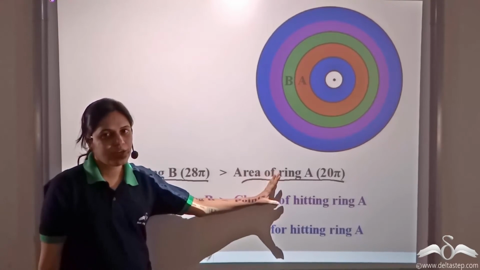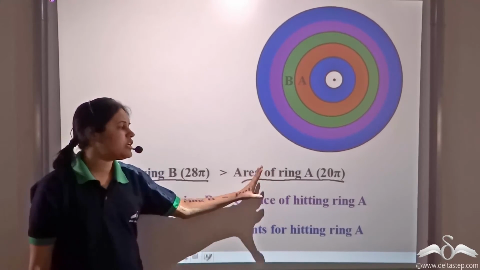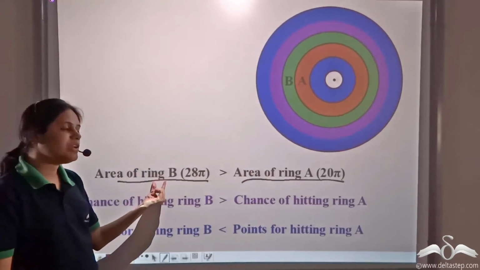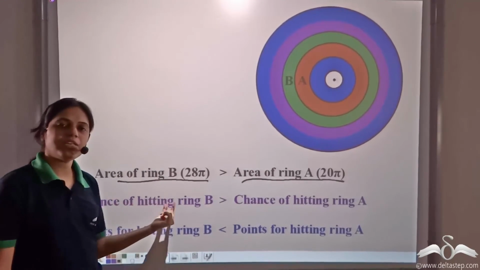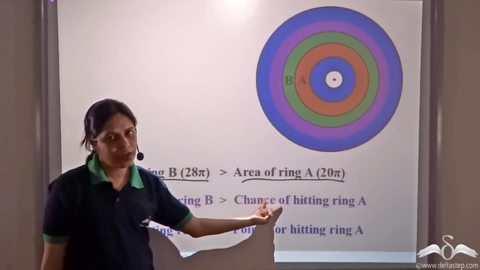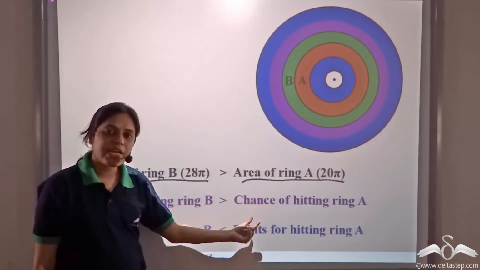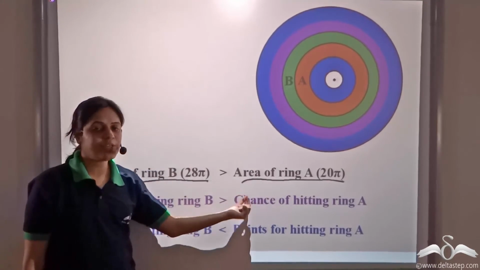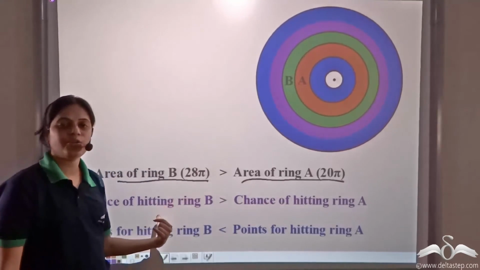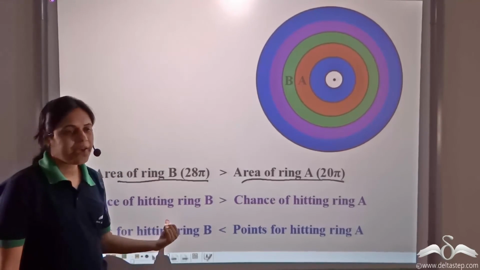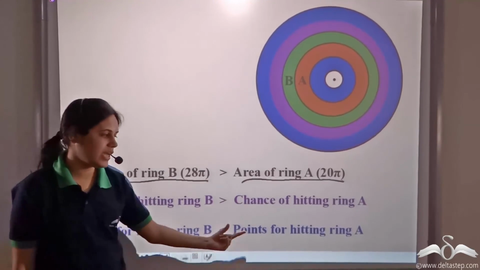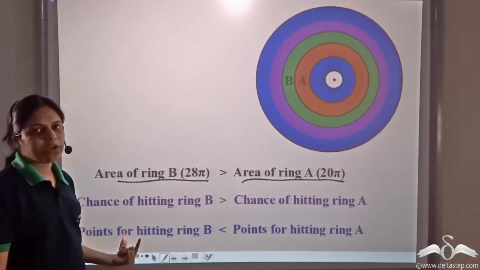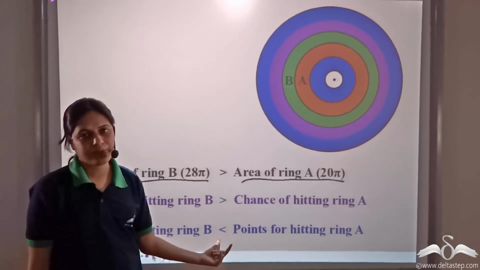So it is more likely that you will hit ring B. Or we can say that it is more difficult to hit ring A than to hit ring B. Hence, more points are allotted for hitting ring A than for hitting ring B.